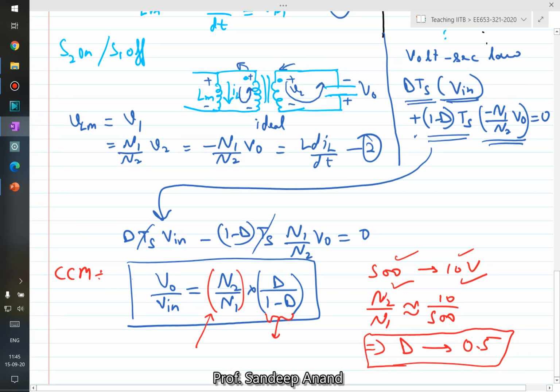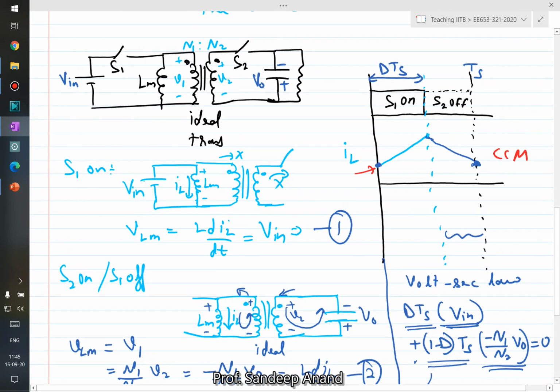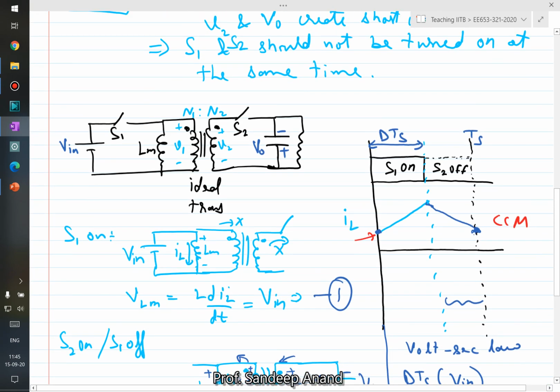Plus, you can see from the circuit that it does offer isolation between the input side and the output side. So it does take care of the limitations that we saw in the previous discussion.